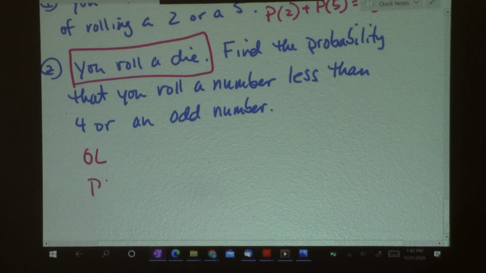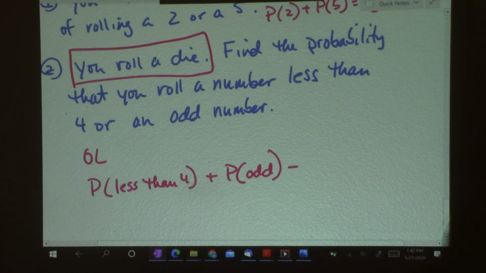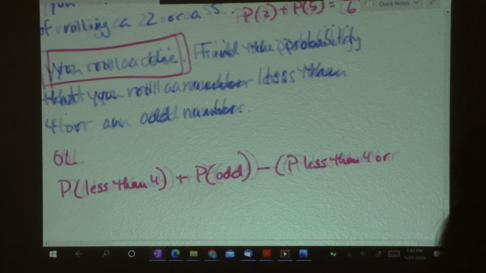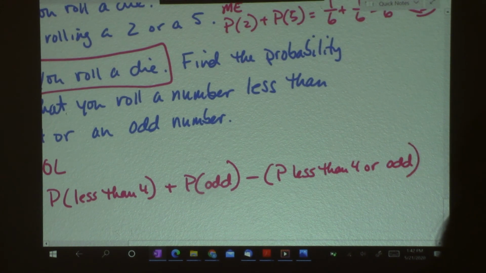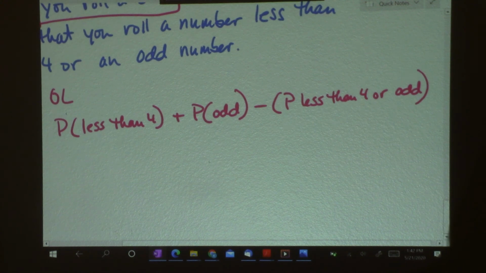So then I'm going to have the probability of less than 4 plus the probability of odd minus the probability of less than 4 or odd, where they overlap. Okay, so less than 4 is 3, 2, 1, so that would be 3/6.